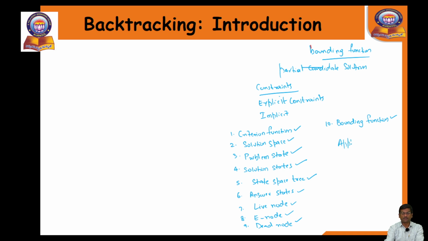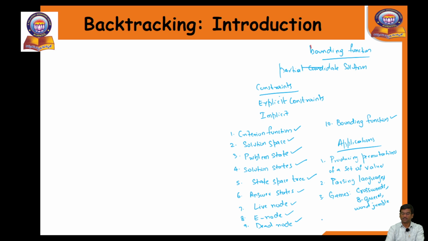And the applications of the backtracking concept are producing permutations of a set of values, parsing languages, and it can be used in games such as crosswords, 8 queens, word jumble words, and it can be used in combinatorial and logic programming.